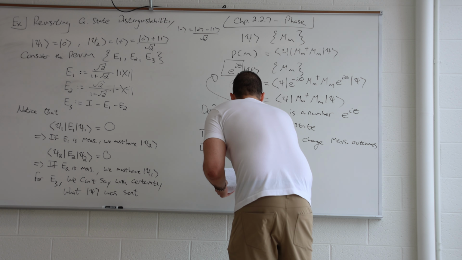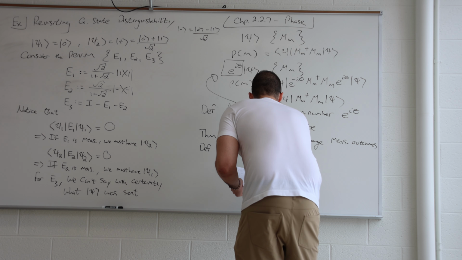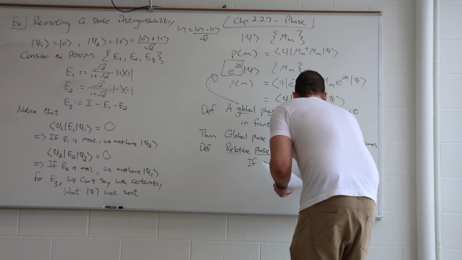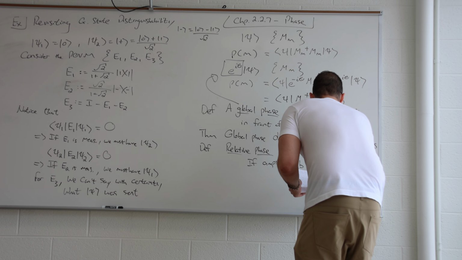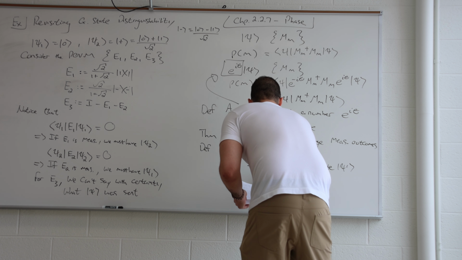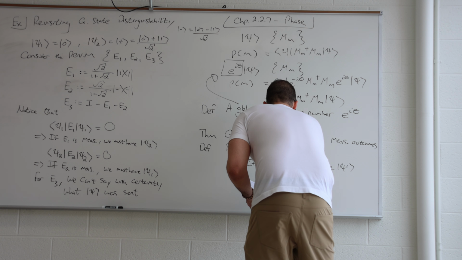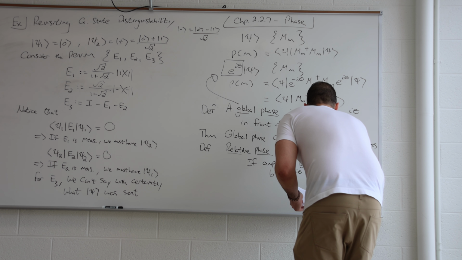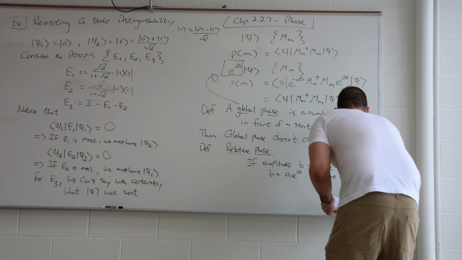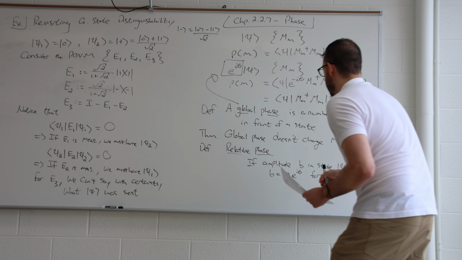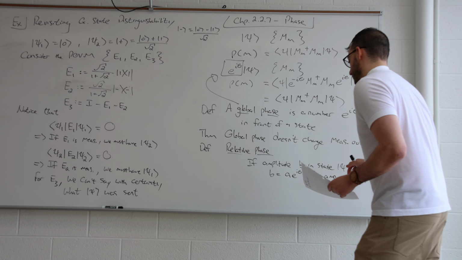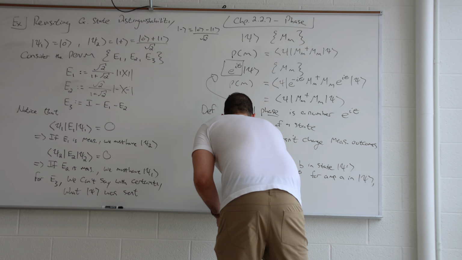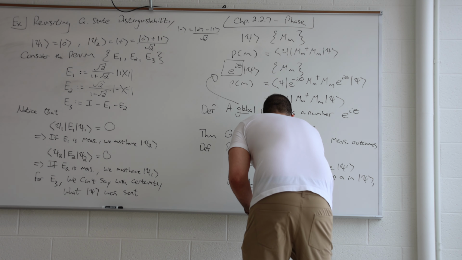So if amplitude B in state psi prime is equal to A e to the i theta for amplitude A in the state psi, then we say that these amplitudes differ by a relative phase. So B and A, we say they differ by a relative phase.